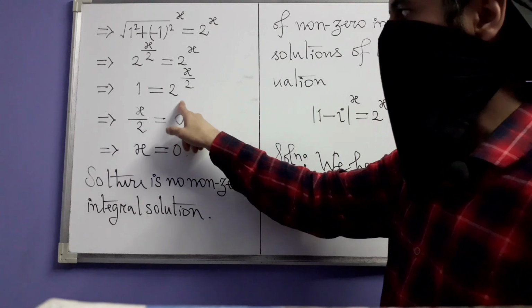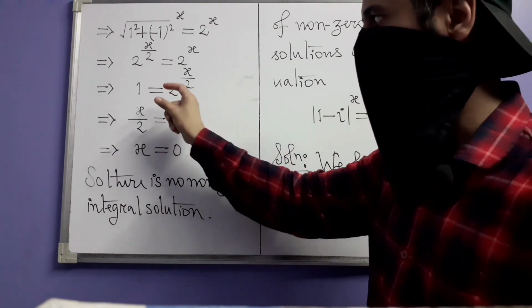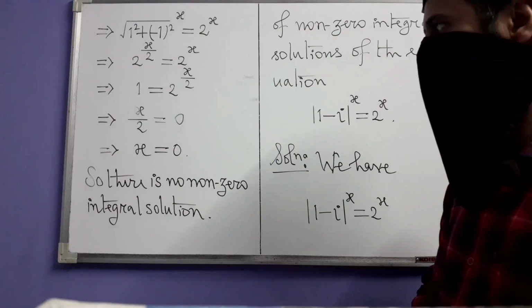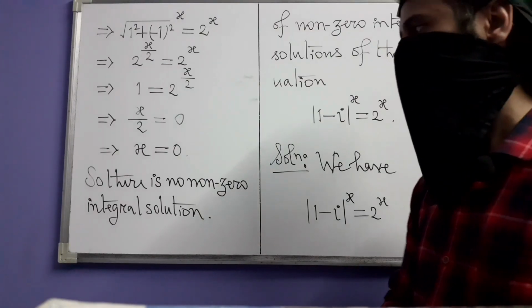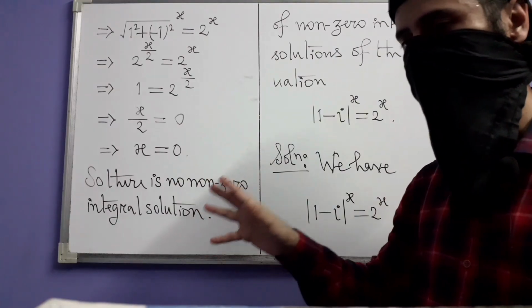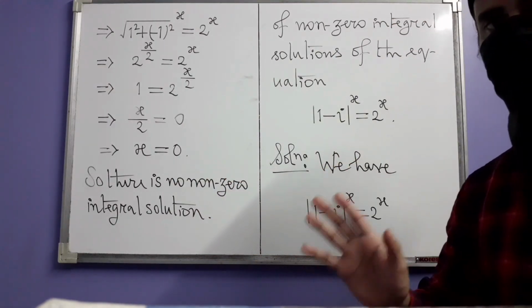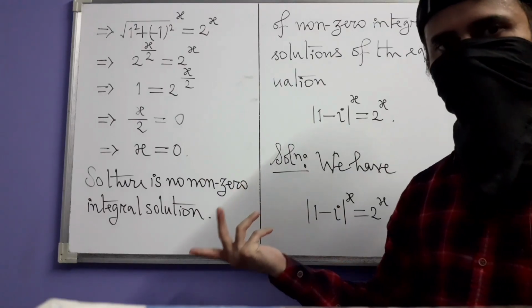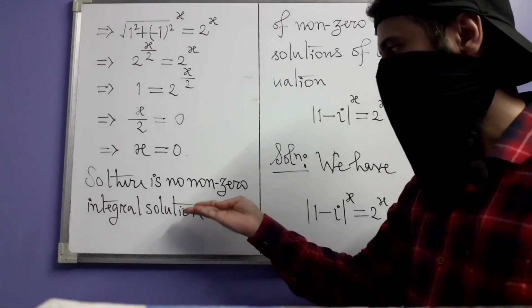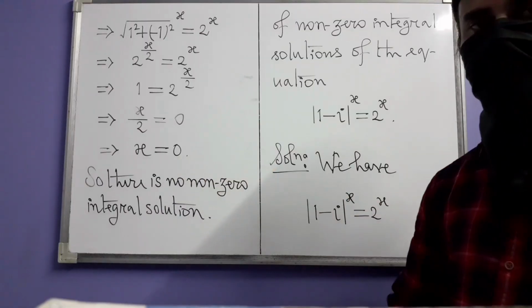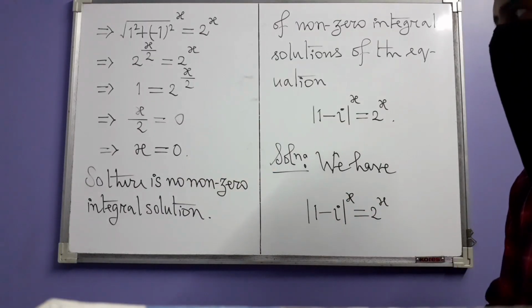And this can happen only when x divided by 2, when the exponent is 0. Otherwise it is not possible. So x has to be equal to 0, but we were searching for a non-zero integer x for which this equation is true, which however is not possible, and that is why there is no non-zero integral solution. This is the only integral solution.